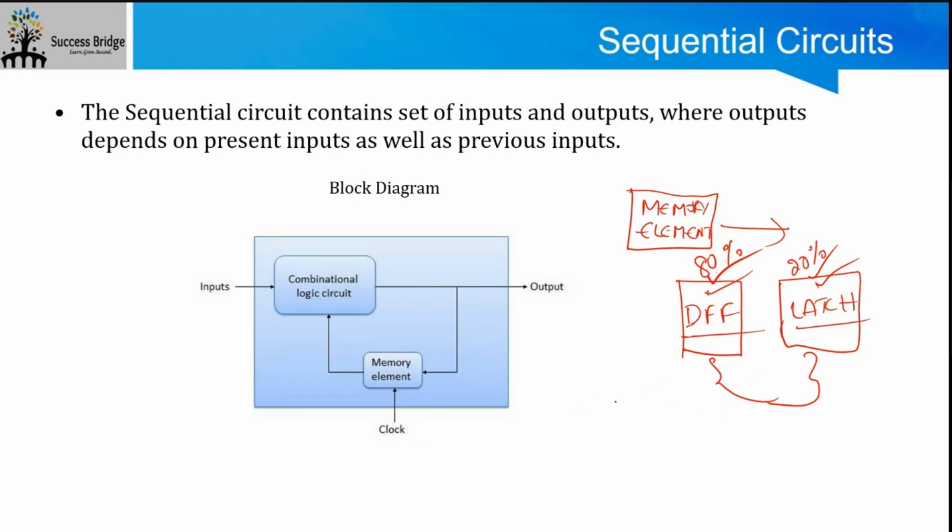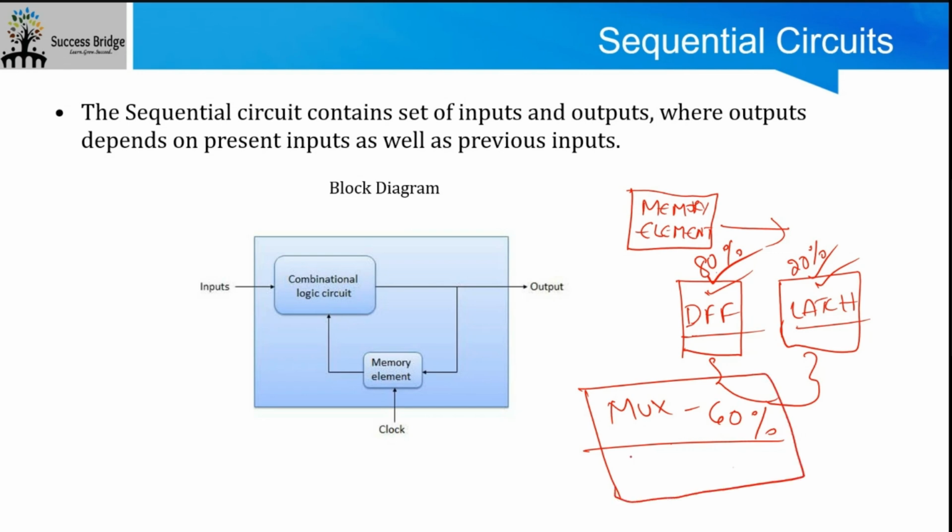Again, if you take mux, it plays around 60% out of 100. Okay, individually. So apart from mux, we have other elements which cover the 40% in this category. Those are logic gates, which cause 40%. These two come under one category, in which 80% is DFF and 20% latch.